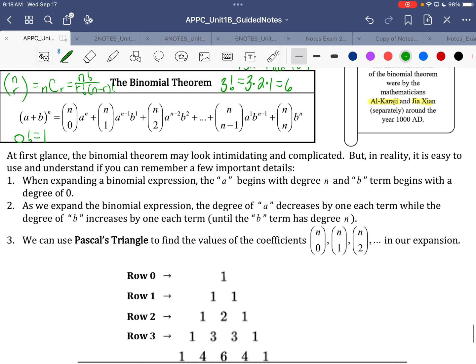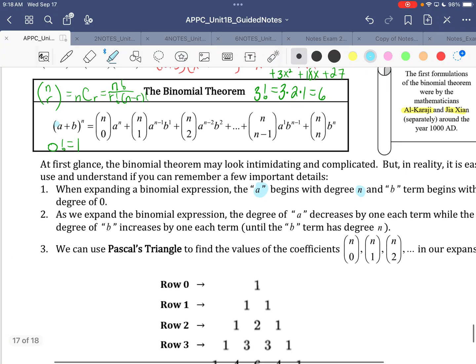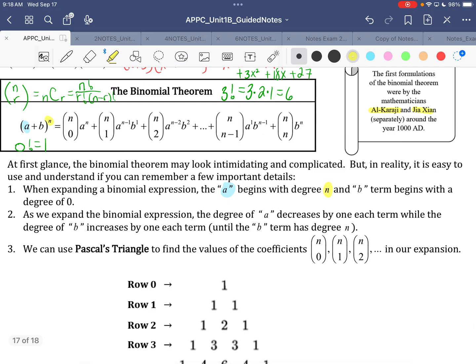When expanding the binomial expression, the first term in the parentheses, which we're saying is A, begins with whatever degree the parentheses is to. So here, A is to the n power, and then the B term is multiplying A, and it's going to be to the 0 power.